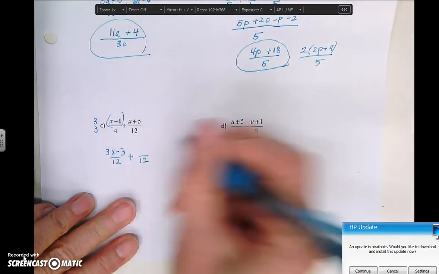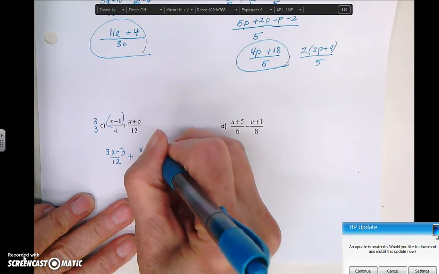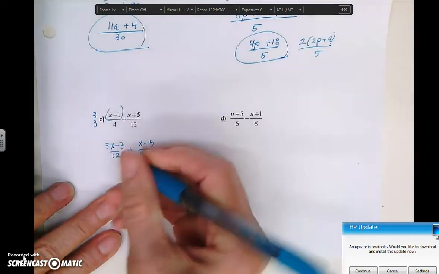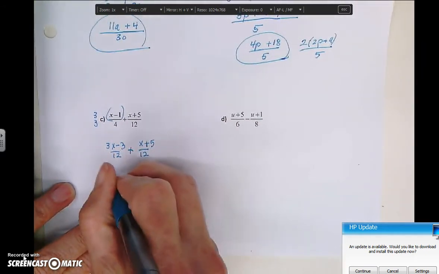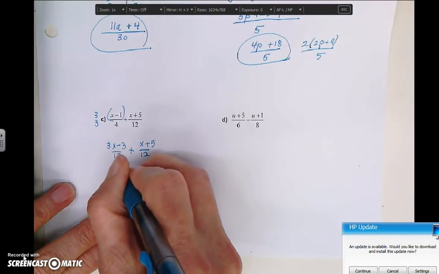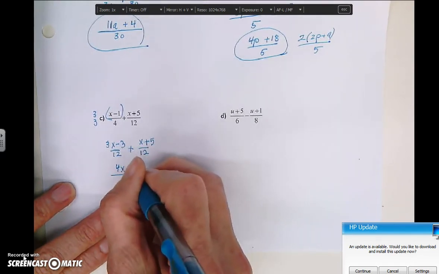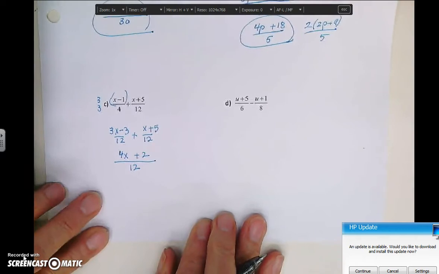This is a plus, and 12 doesn't change, so I just keep my x plus 5. All right, I have the common denominator of 12, so I'm going to combine like terms up here and get 4x. And a negative 3 and a plus 5 would be plus 2.